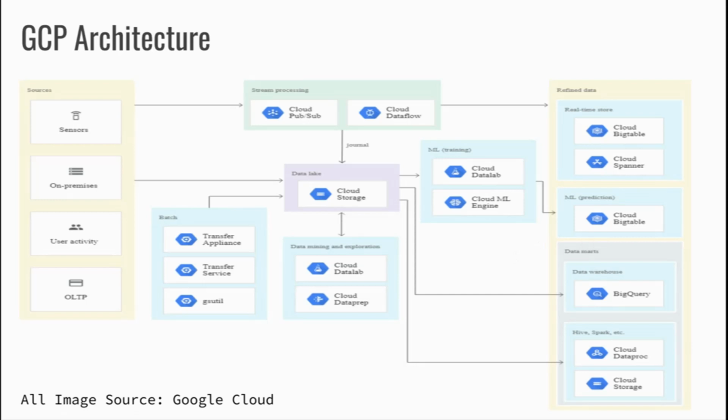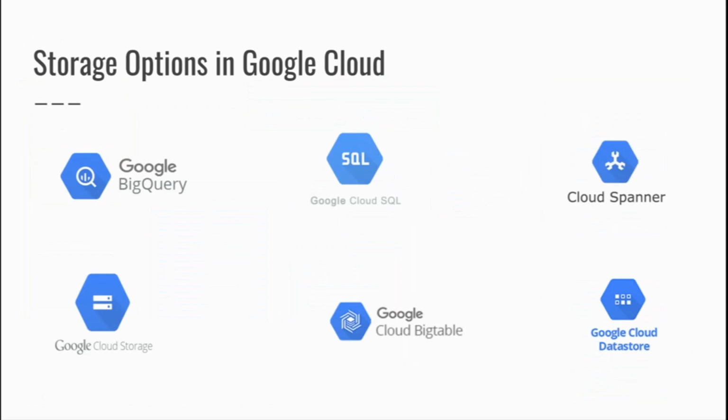So typically this is how a high level GCP architecture looks, right? And coming to storage specifically, you have multiple storage options on Google Cloud. You have Google BigQuery, and I'll be talking about each one of these in detail. You have Google Cloud SQL, Cloud Spanner, then Google Cloud Storage, Bigtable, and Google Cloud Datastore.